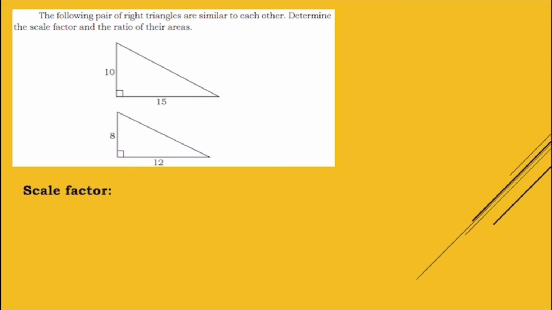From this example, let's get 10 and 8. So we have 10 over 8, and the lowest term is 5 over 4. Now, let's get first the area of the larger triangle.